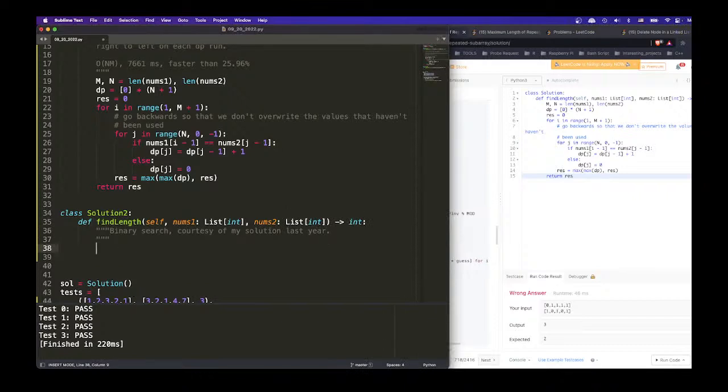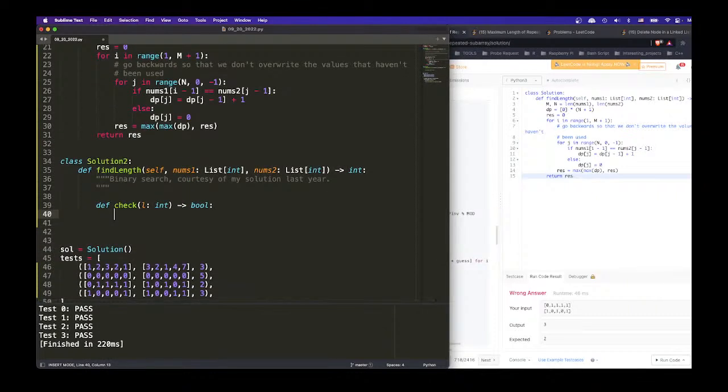Okay, so yeah, we define a check function with length L, returning a boolean value. Basically, we're going to go through every single one and see if they match.